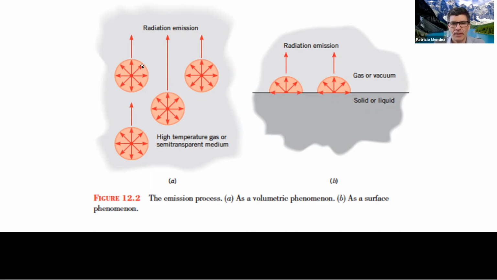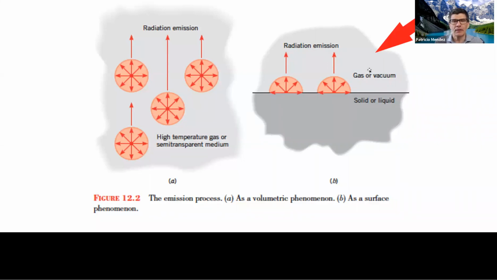So this can be volumetric or can be from a surface. For example, a hot surface is radiating heat from its surface to the outside. This last case is what we have been looking at in the class so far, and what we'll keep looking at.